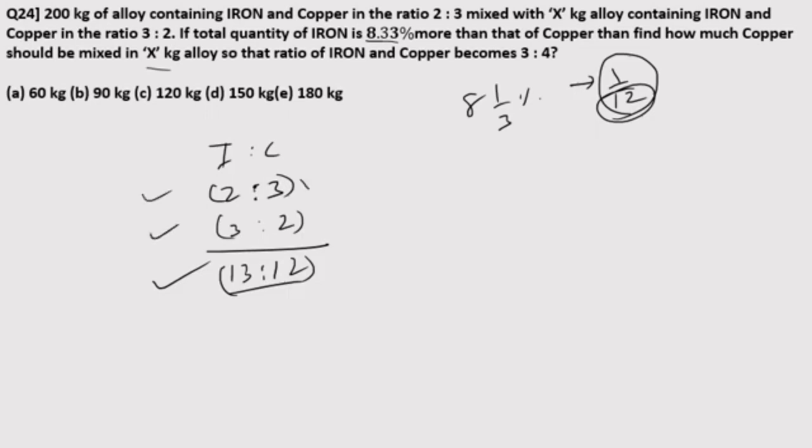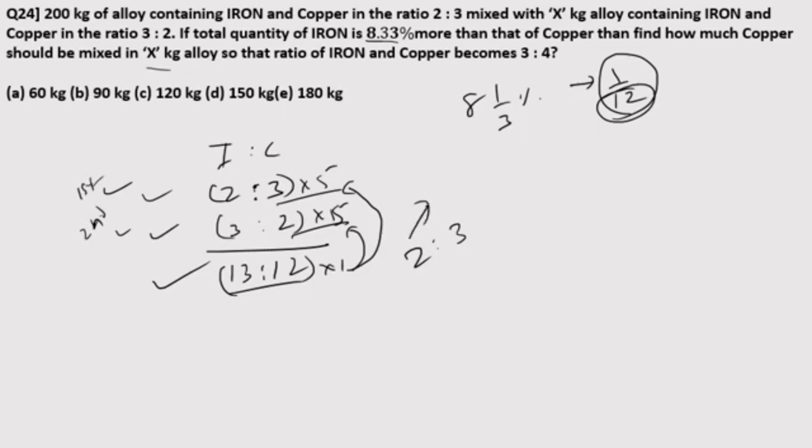Let's make the units same. Multiply this with 5, this with 5, and this with 1. Now everything is 25. Now just subtract: 12 minus 10 is 2, 15 minus 12 is 3. So the ratio of mixing is 2 is to 3, the first and second mixtures.